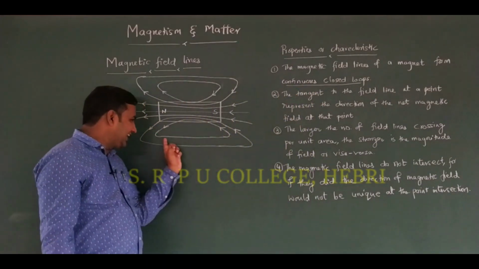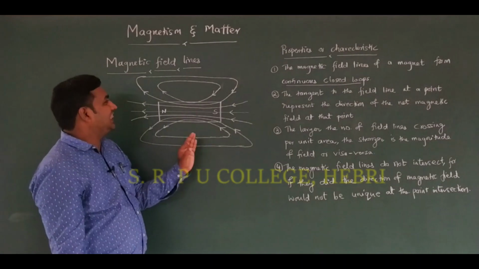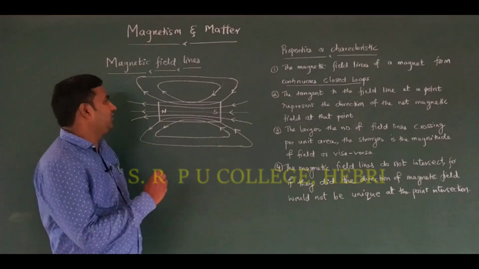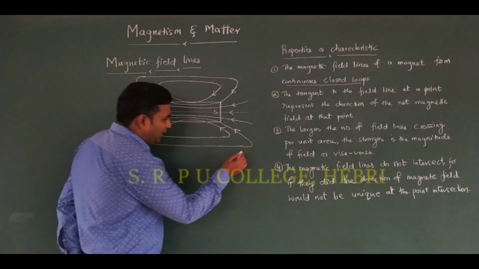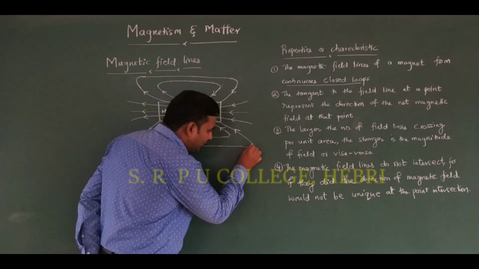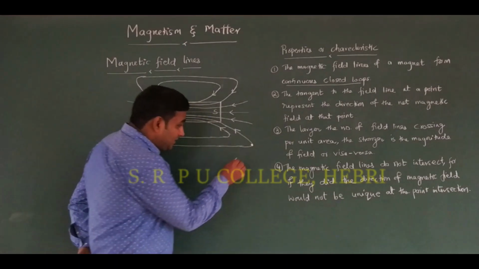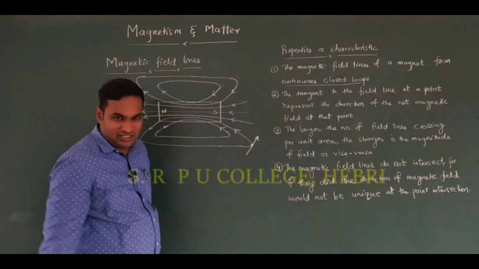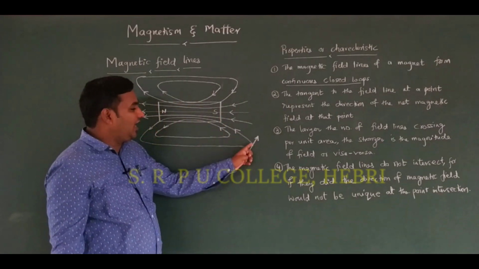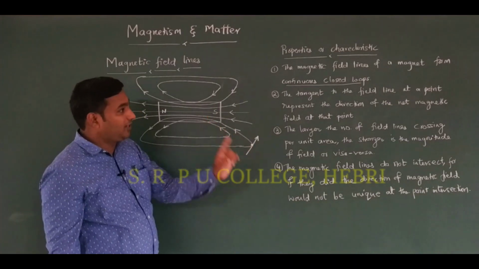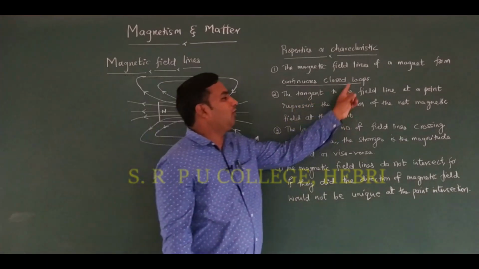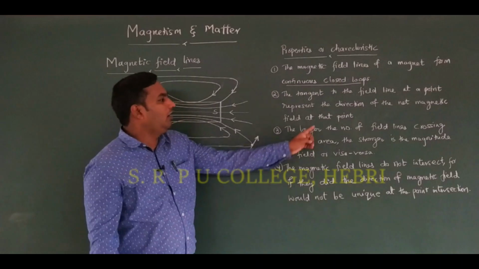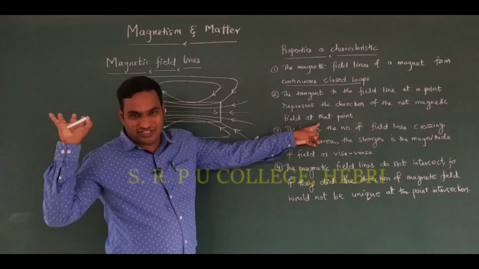Once you have lines like this, take any point, just imagine I take a point somewhere here. If I draw the tangent like this, the tangent drawn at this particular point represents the direction of the net magnetic field at that point.